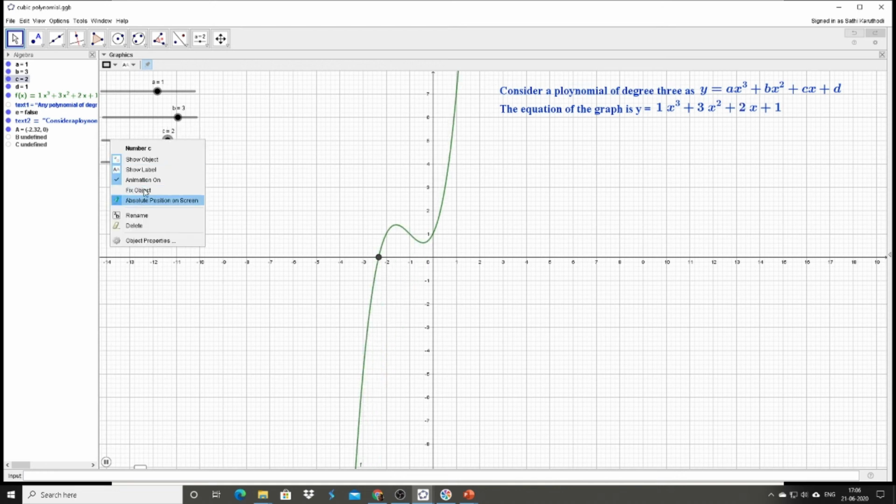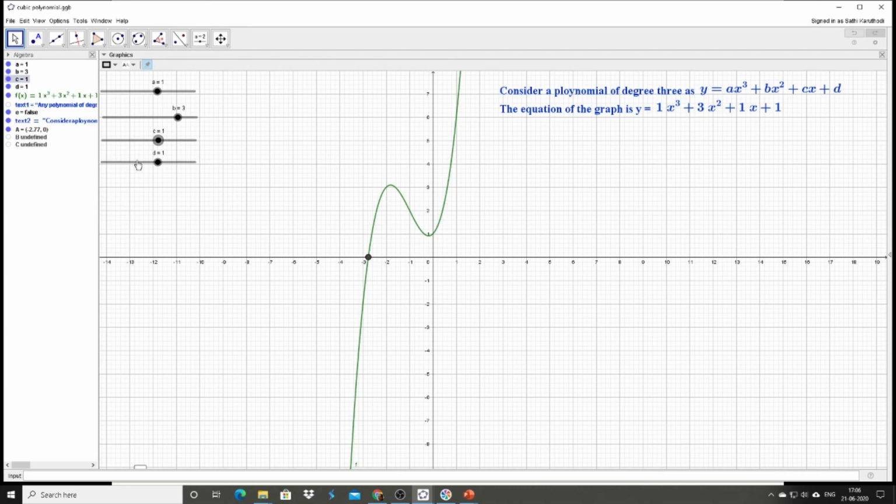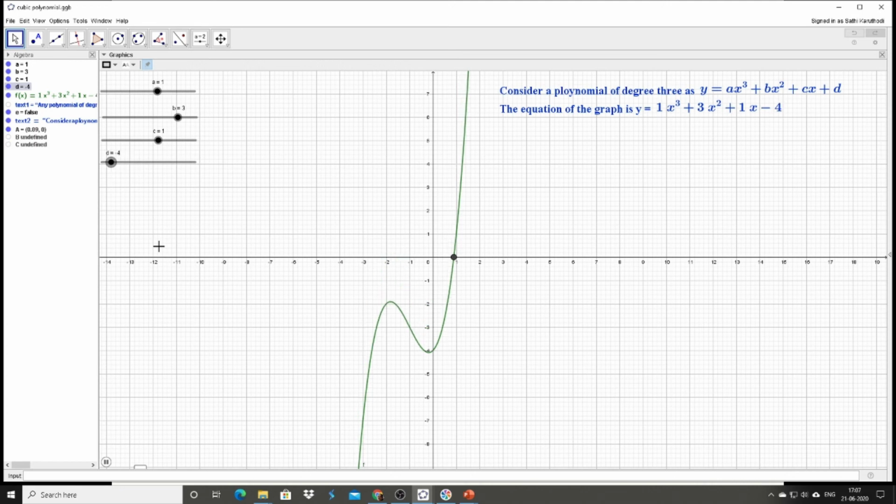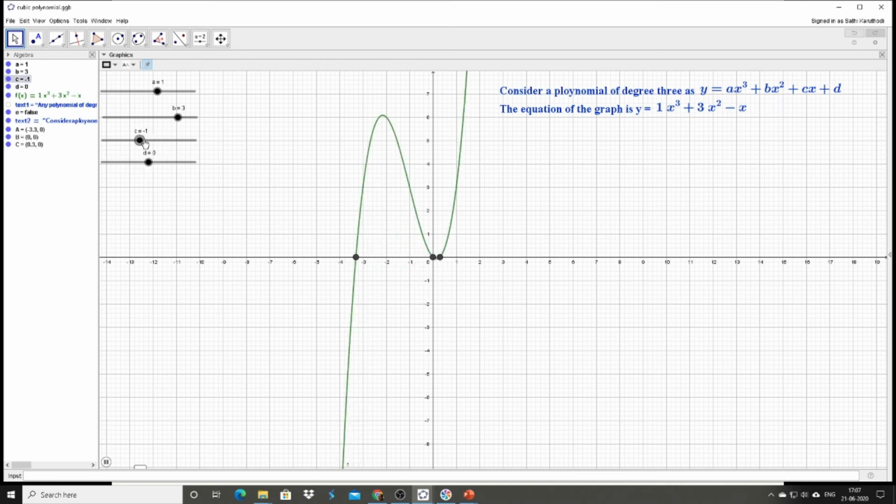Now we will keep C also one constant. We will change D and see what happens when it takes different values. Here again the graph, in some places, intersects at 3 points, in some places at 1 point, and in some places we can find even 2 points.